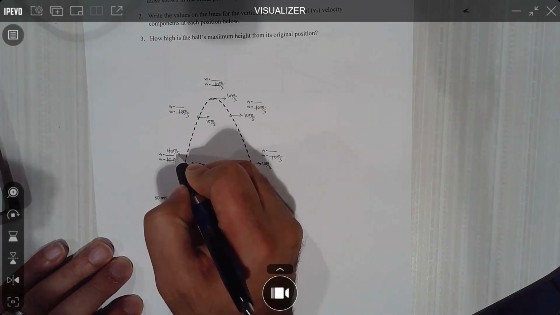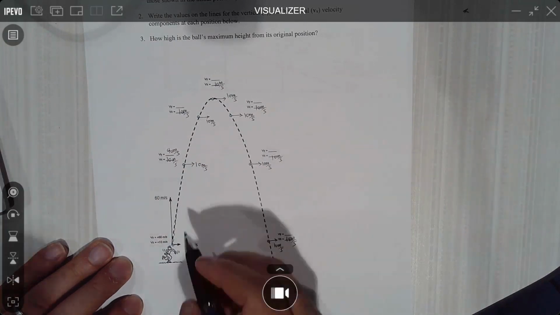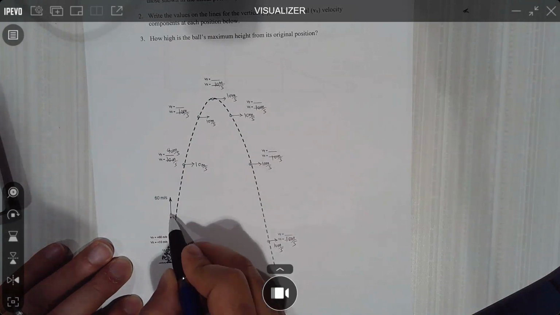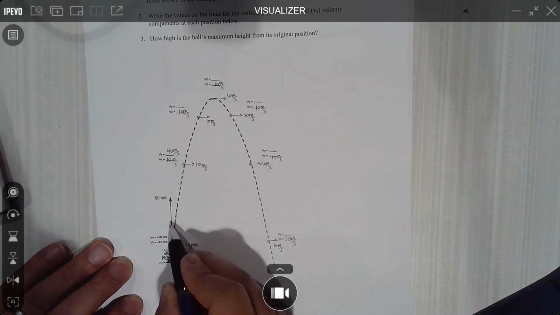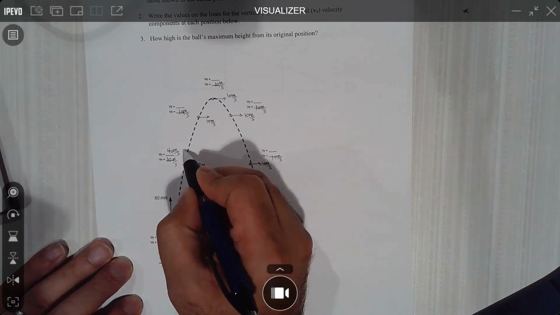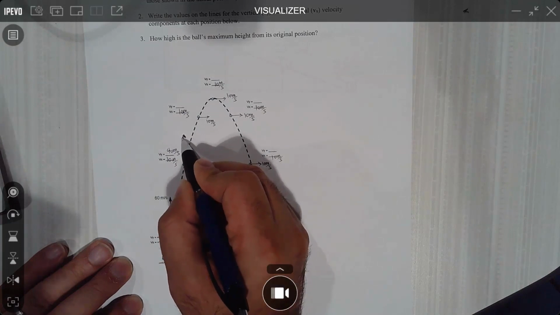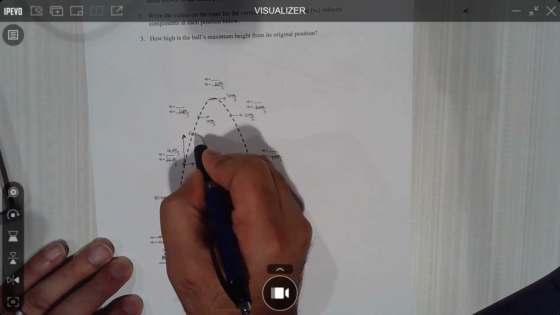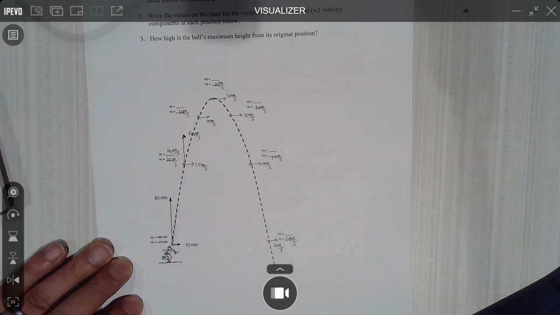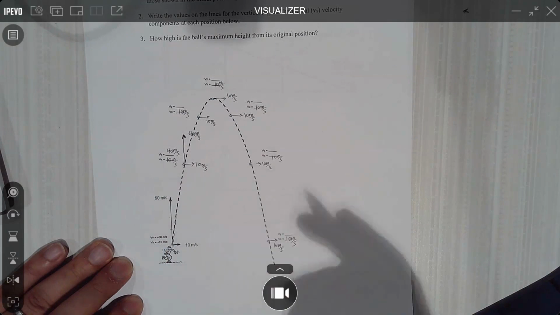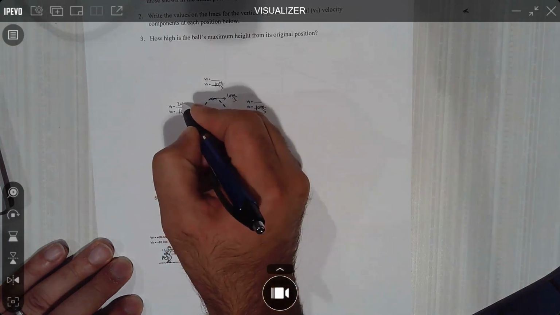So we are supposed to draw 40 meters per second, which is going to be smaller than 60 meters per second. Two seconds later, the velocity reduces by another 20 meters per second, so it's going to be 20 meters per second.